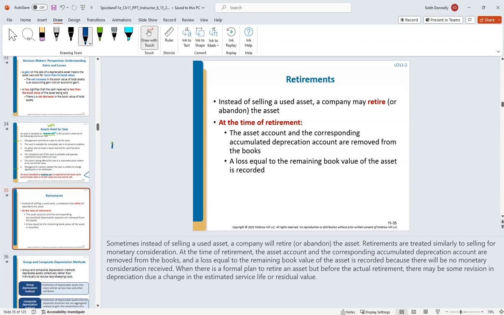So maybe we are going to debit accumulated depreciation of, I don't know, $70, credit fixed asset of 100, and a loss equal to the remaining book value, debit loss of 30, right? That's how you would do a retirement. Again, you just got to get this guy off the books. It's not your fixed asset anymore. You're retiring it.